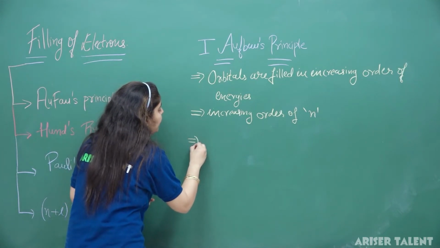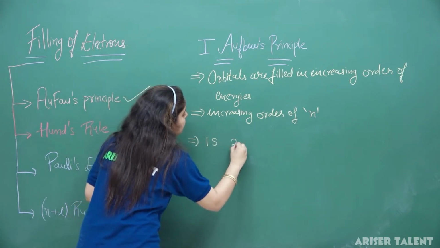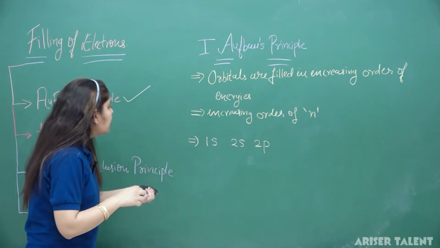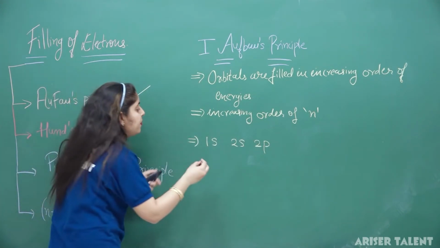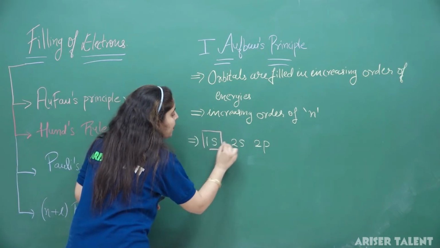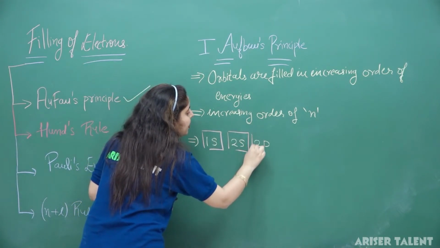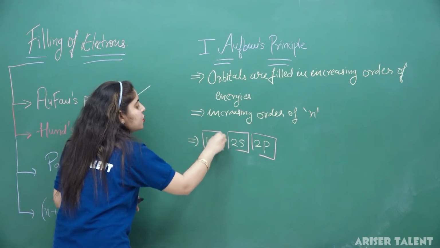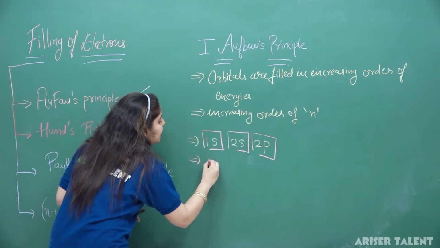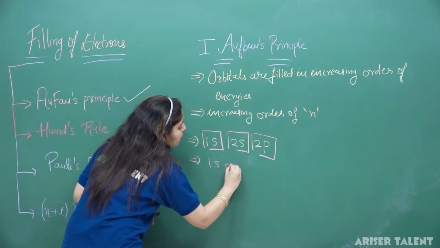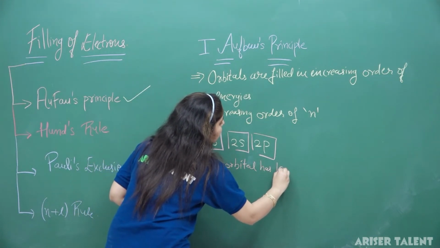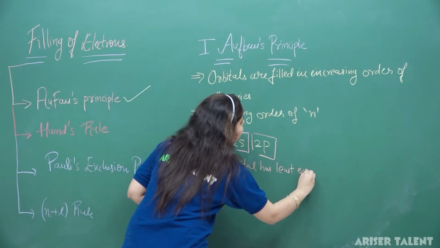Suppose we have different orbitals 1s, 2s, 2p. What we can conclude from here is that firstly we fill the electron in the 1s orbital, then the 2s orbital, then the 2p orbital. So we can conclude that the 1s orbital has the least energy.